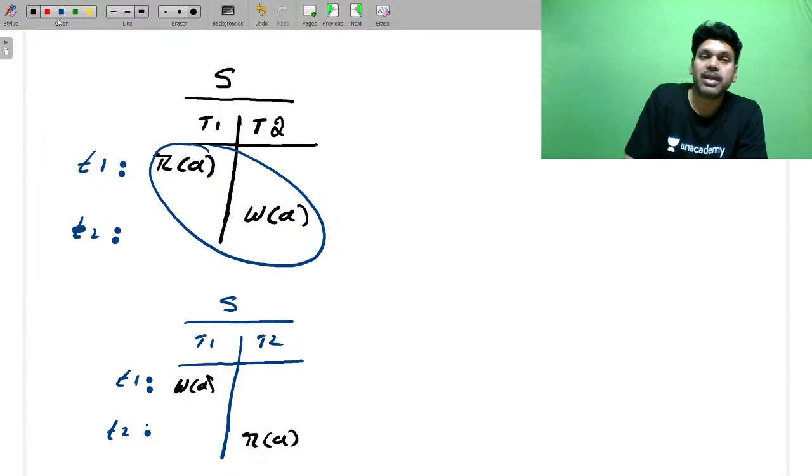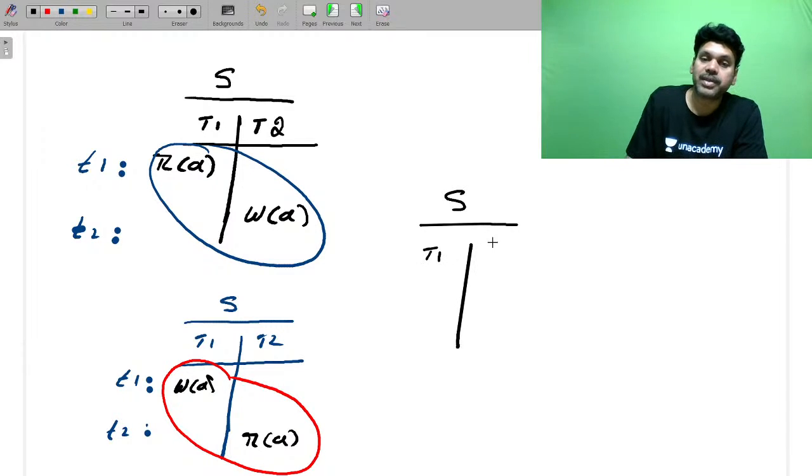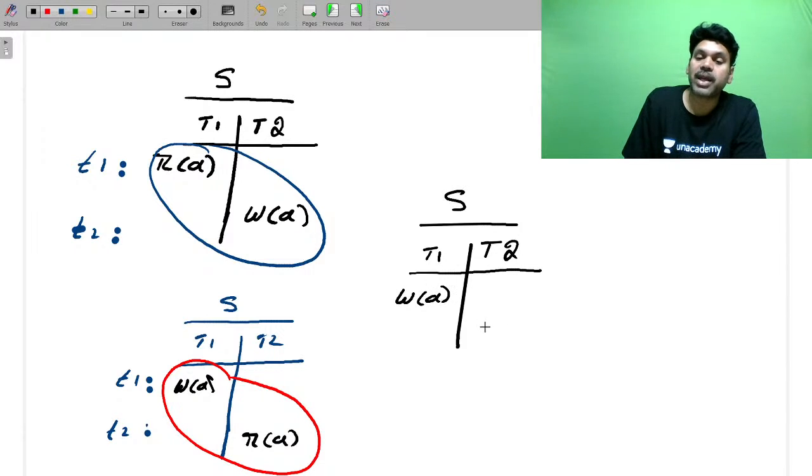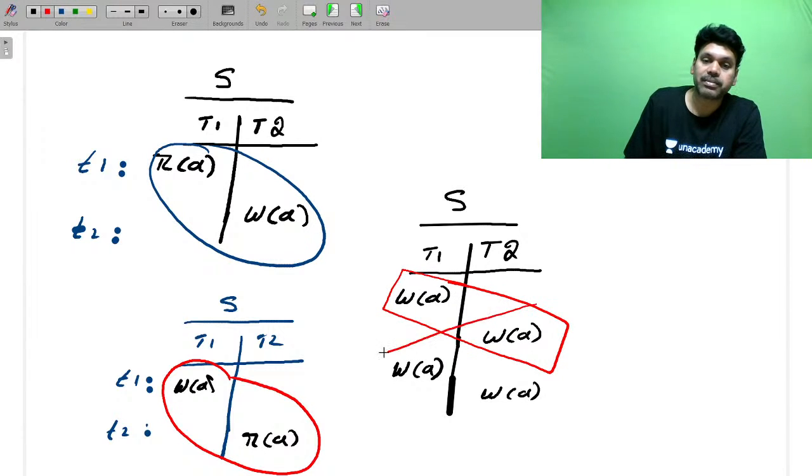This is also one kind of conflict. It is WR. If you look at another Schedule S which consists of T1 and T2 and both are writing on the same object, one starts the write and the other also writes. So this kind of conflict is called a WW conflict.